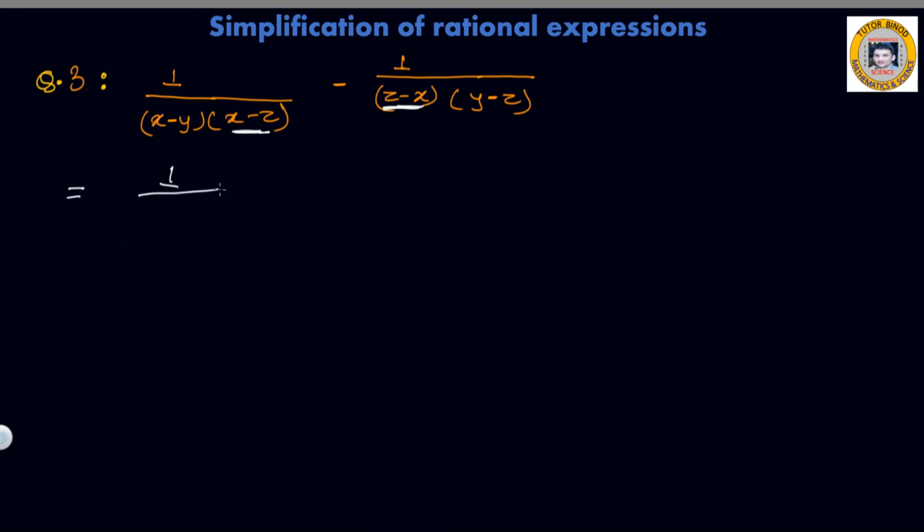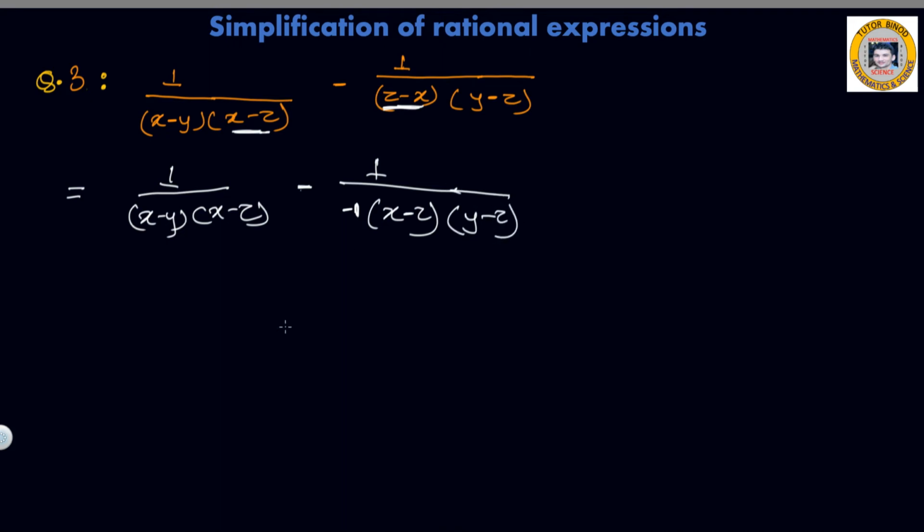So the first term will be x minus y, x minus z, but the second term I am going to take out negative 1 common over here, so it would be x minus z, because if I take negative 1 common from z, I would end up with negative z, whereas if I take negative 1 from negative x, I would have positive x. But let me write y minus z as it is, so that it would be easier for me to get the LCM, because this term and this term are now the same.